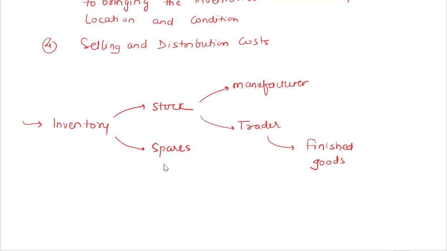In case of a manufacturer, we have inventory of raw materials, inventory of work in progress, and inventory of finished goods. I believe it is pretty clear till here. Let us continue.